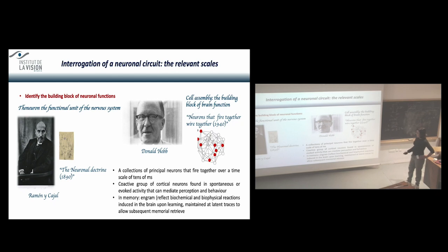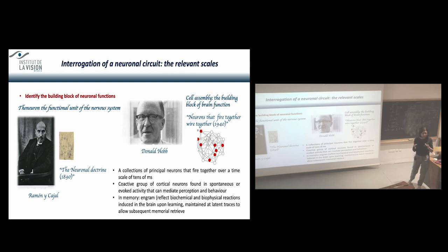And then if you are more in the neuroscience part that is interested in understanding memory and learning, then these cell assemblies, which are also called engrams, are populations of cells that build up after being modified by a series of biochemical and biophysical reactions that happen, for example, during learning or memory.